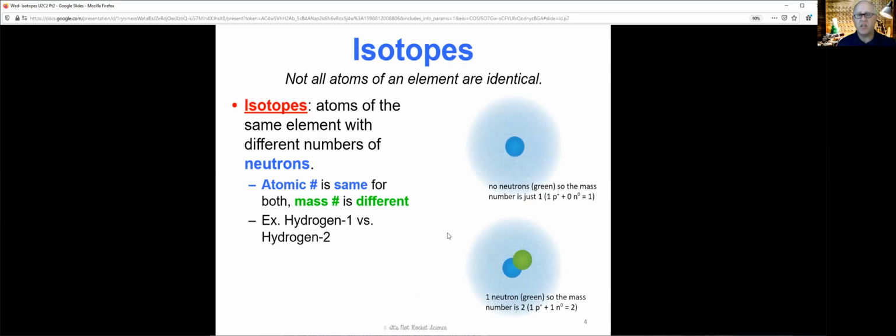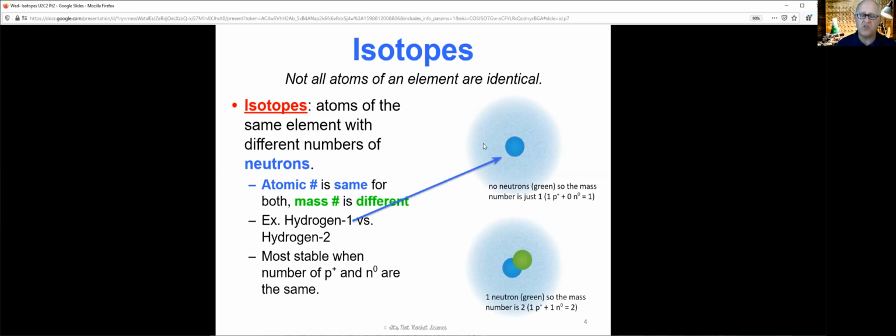So, let's take a look at hydrogen. Hydrogen is element number 1. It has 1 proton. And then we're going to look at an isotope of hydrogen known as hydrogen 2. Now, most elements are stable when the number of protons and the number of neutrons are the same. So let's take a look first at hydrogen 1 up here.